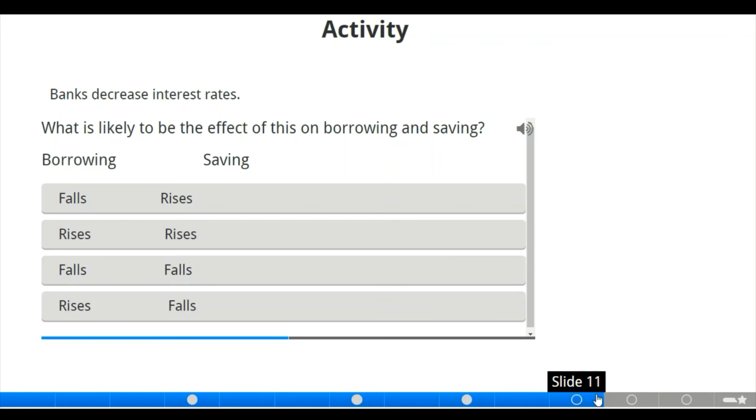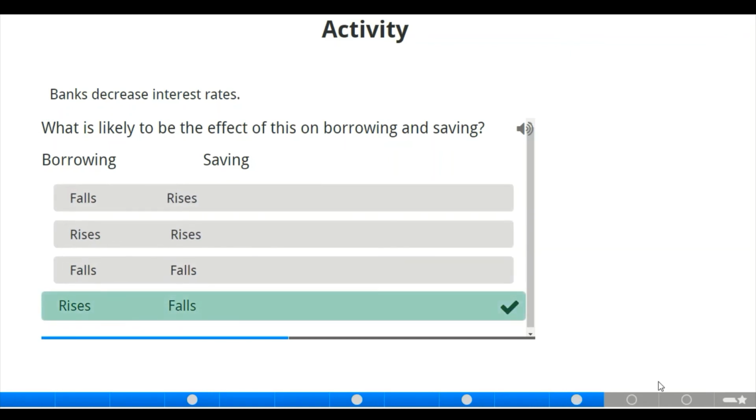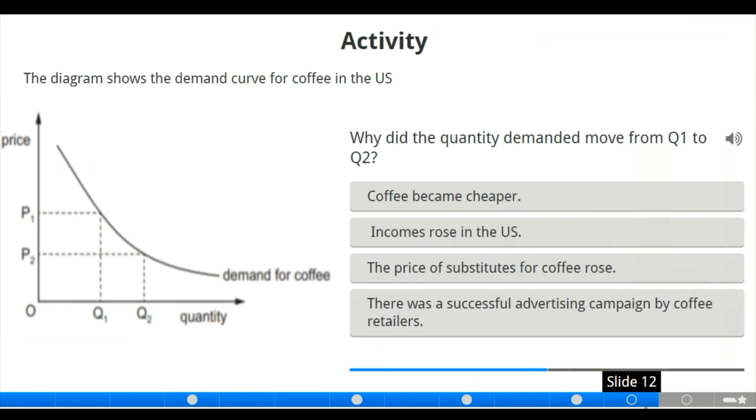According to our law again, if banks decrease interest rate, people will be willing to borrow money while people will be discouraged from saving. So borrowing should rise while saving should fall. Now, let's check the correct answer. Wow, that's good. Moving to the next activity.